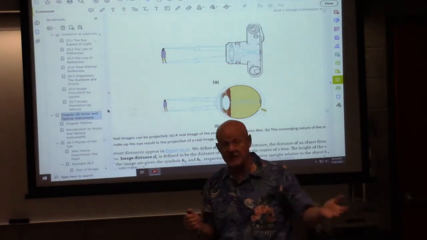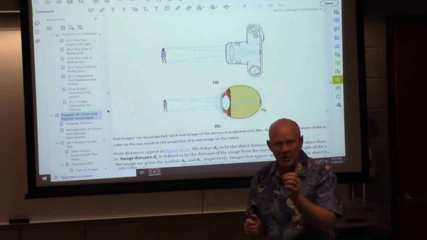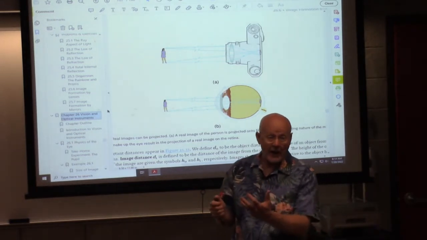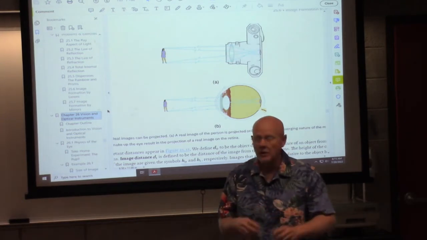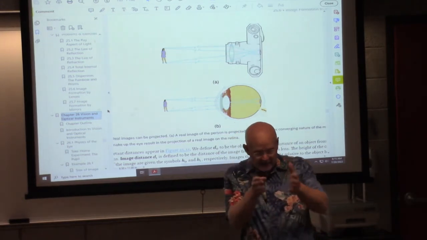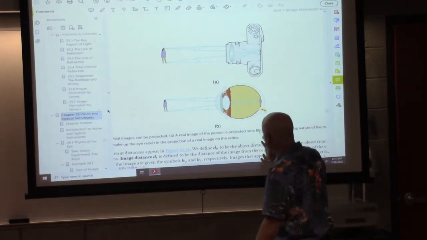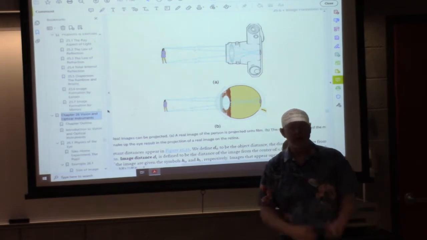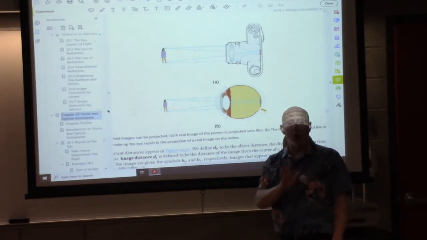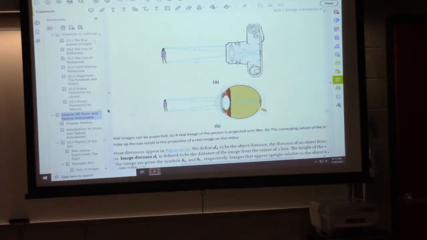And so as we do some example problems, know that if we're talking about an image formed by the human eye, the human eye has a depth of about 2 centimeters from the lens to the retina. And so we always want our image distance to be 2.